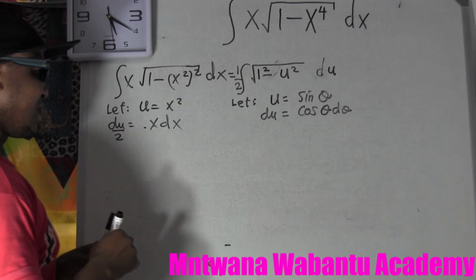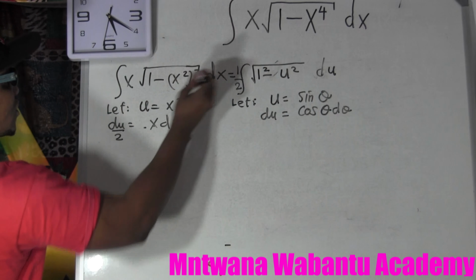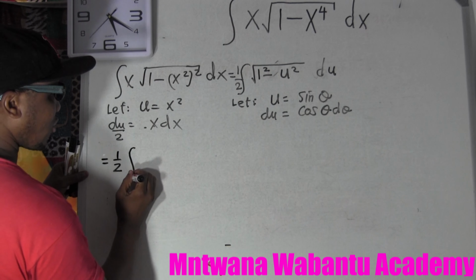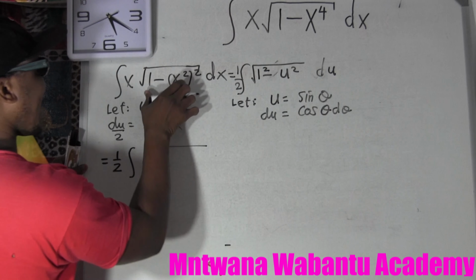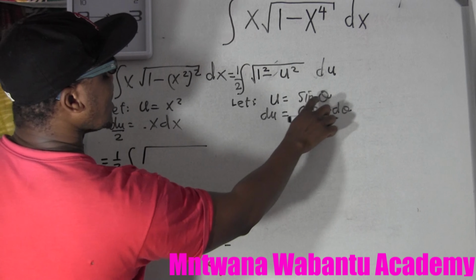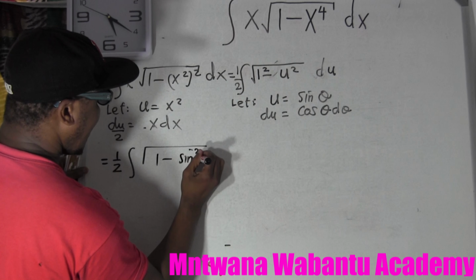So let's replace everything. This becomes a half, the integral of the square root of 1 minus u squared. What is u? u equals sine theta, so it becomes 1 minus sine squared theta.